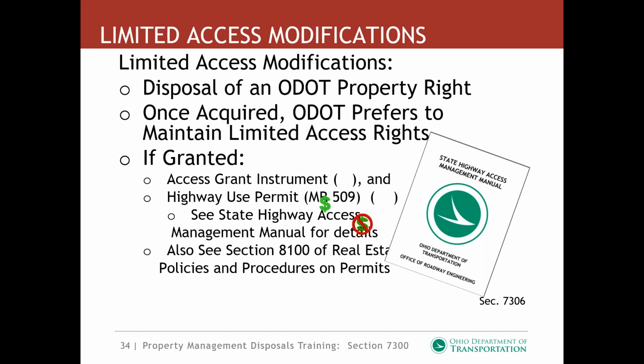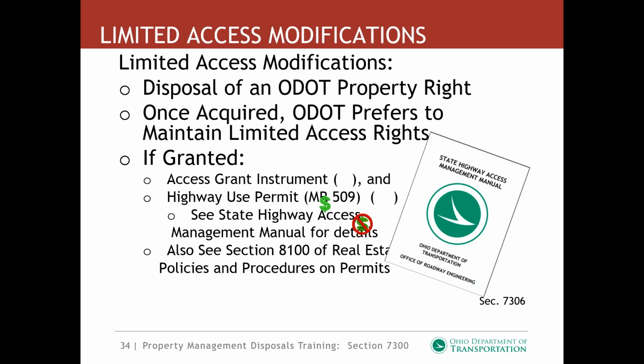An LA modification is really a disposal of ODOT's ability to limit abutting property owners' access. We are conveying back to the adjoining owner a right to access the roadway. Once the ability to limit access is acquired, ODOT prefers not to dispose of it.